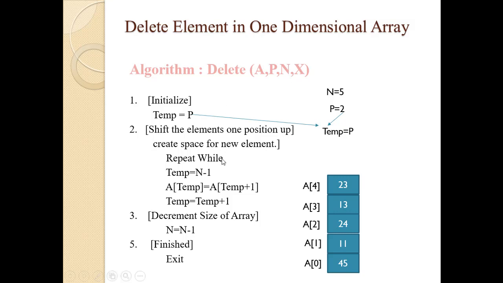Then what happens? Array of temp is equal to array of temp plus 1. We store temp's value as 2. So array of 2 is equal to array of temp plus 1, meaning array of 3. The value of array of 3, which is 13, is stored in array of 2. Here 24 is already stored at index array of 2.